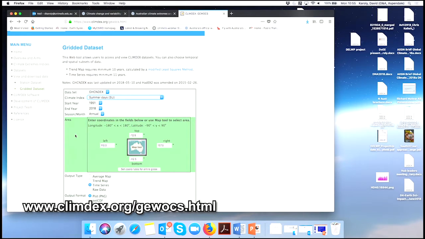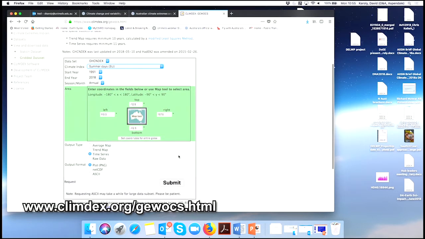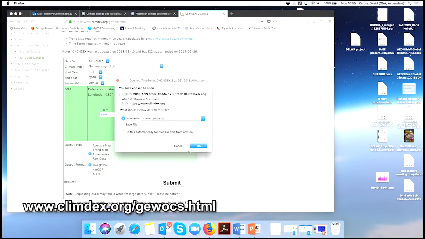Notice that the time series only goes from 1951 to 2018, because for many other parts of the world, there wasn't good observational station data prior to 1951. I'm selecting time series, not a map or the raw data. And I click submit. It's processed it already. It's not stored, it's processed it.